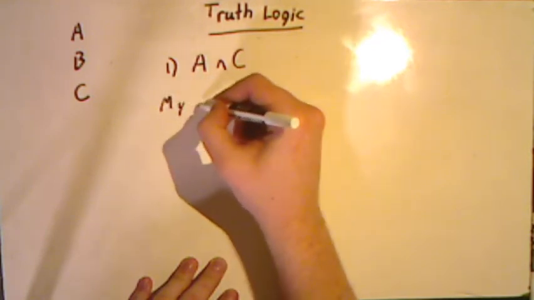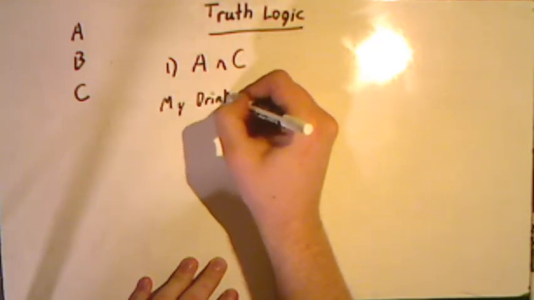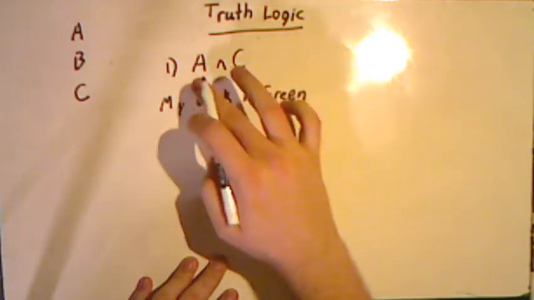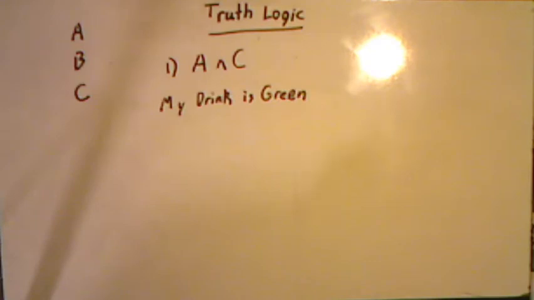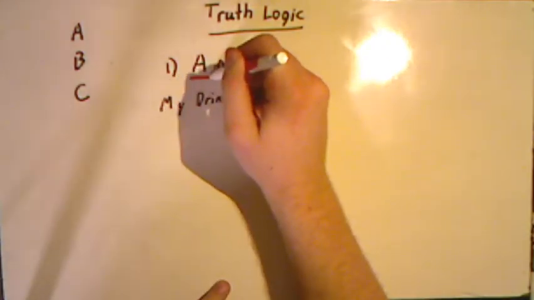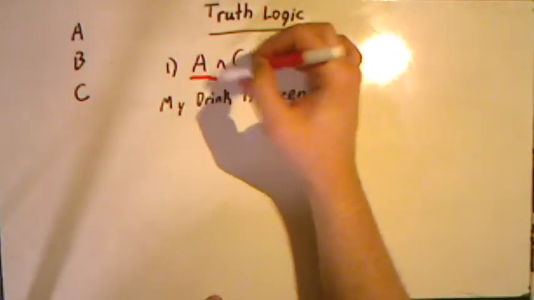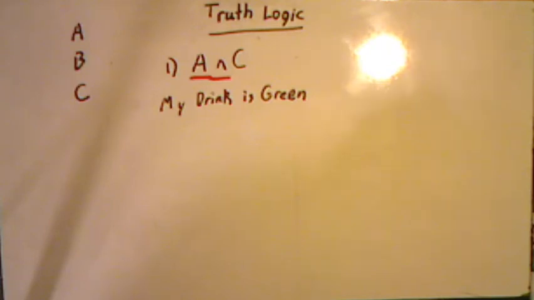So I write down my drink is green. So I've finished with that. I'm done with this section here. I move on to the next section, this conjunction symbol. And I'm not going to put down conjunction.